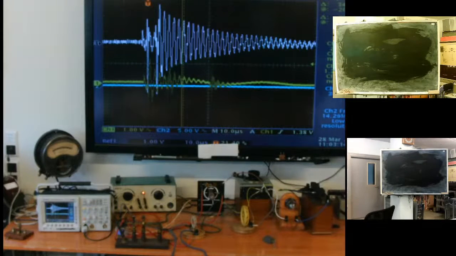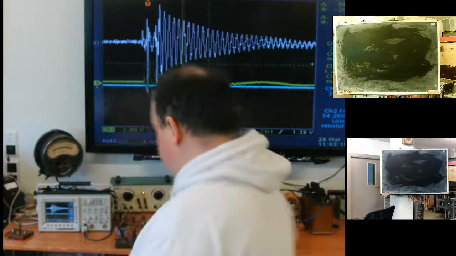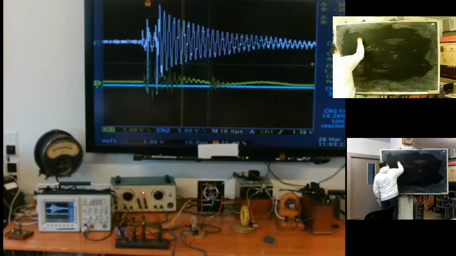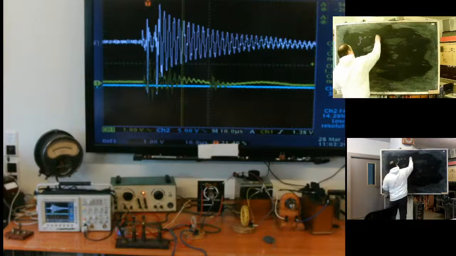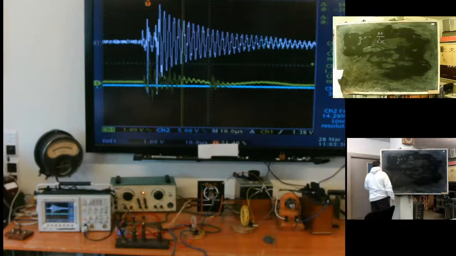Now I will switch back to the pink ones. Now coupling will be positive.